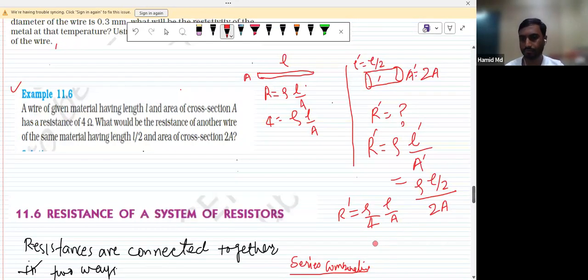So this will be 1 by 4 rho L over A, which is nothing but this quantity, and its value is 4 ohm. 1 over 4 into 4, so R prime will be 1 ohm, right? Yes, sir.